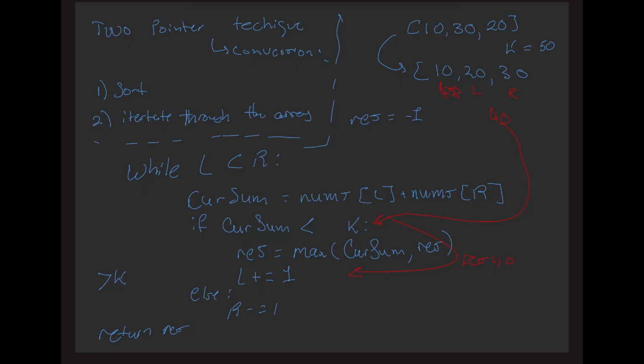Now 20 plus 30 is equal to 50. And that is greater than, and it's not less than k. So here, actually, for this case, sorry, I'm going to cheat here for a minute. I'm going to say, what was it, 40? Let's do 45.